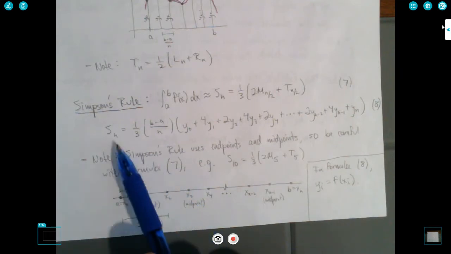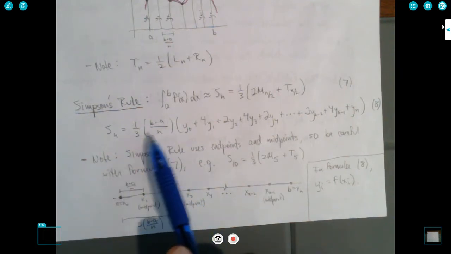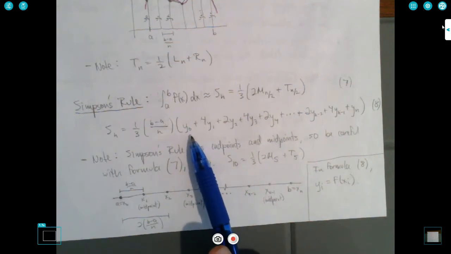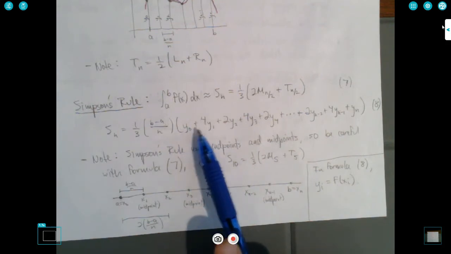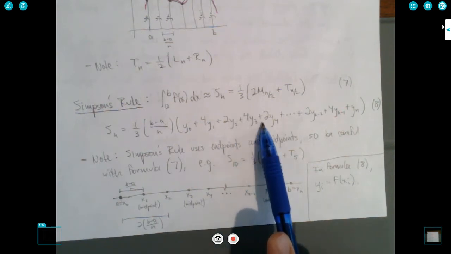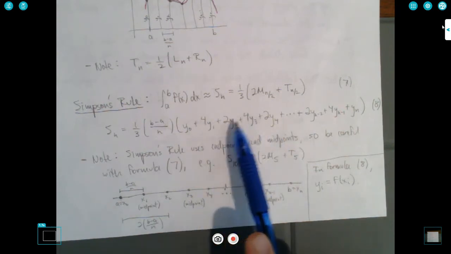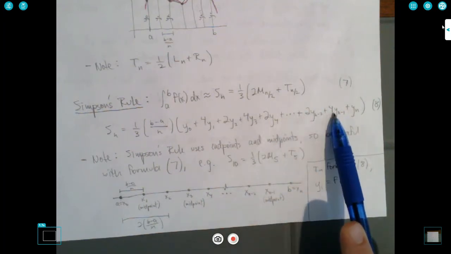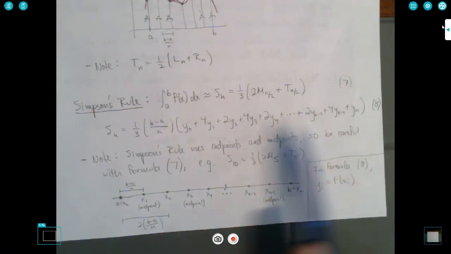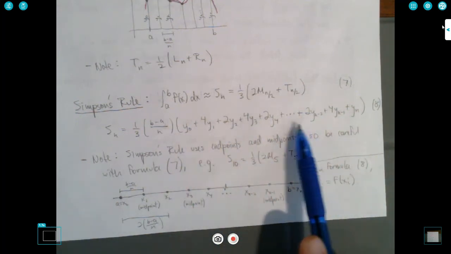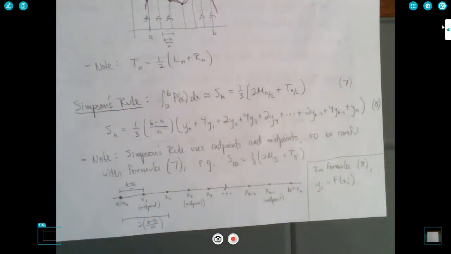Formula 8 says that Simpson's rule is 1/3 times b minus a over n times, and now this gets really crazy, but it's y0 plus 4 times y1 plus 2 times y2 plus 4 times y3 plus 2 times y4, and so on. So it goes 4, 2, 4, 2, 4, 2, 4, and then 1. So the endpoints are just one copy, and then in the middle it alternates 4, 2, 4, 2.